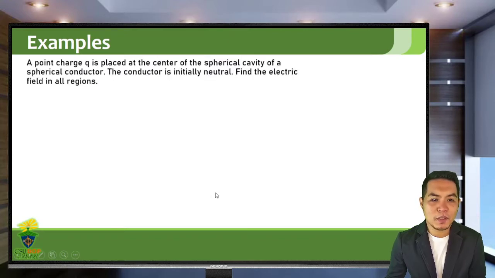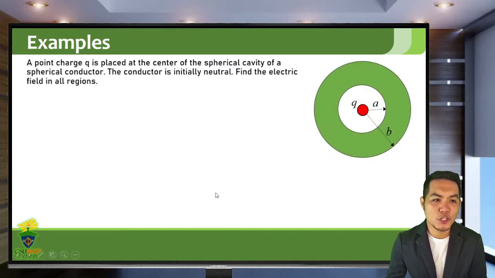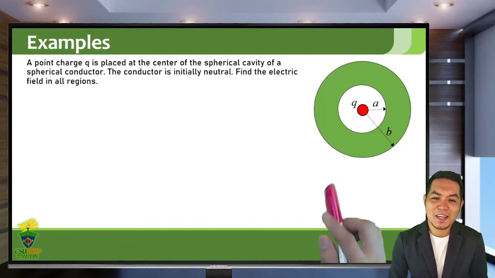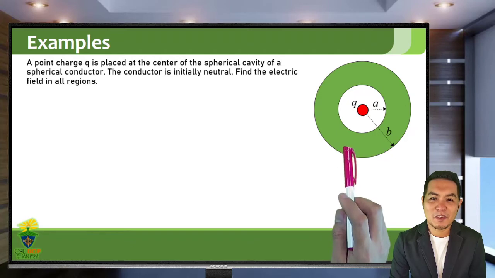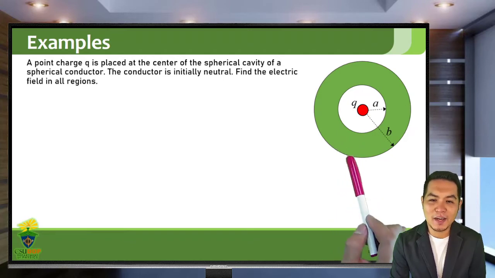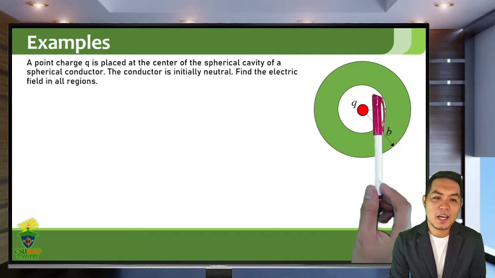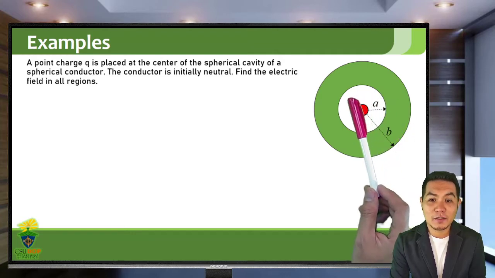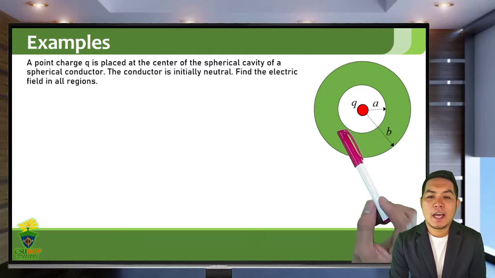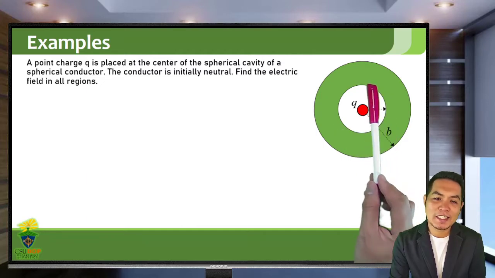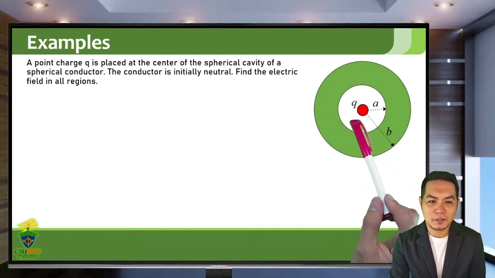As an example, we have a point charge placed at the center of a spherical cavity of a spherical conductor. Take note, we are emphasizing here that this is a sphere, because our drawing just looks like a circle. So this is a spherical conducting shell, which could be a metal, and you have a spherical cavity inside your conductor.